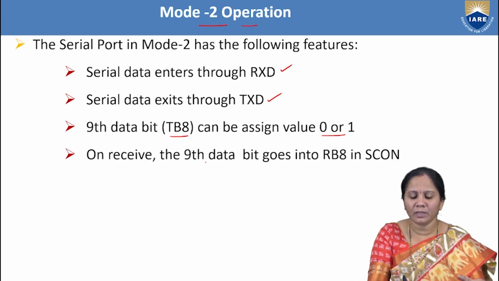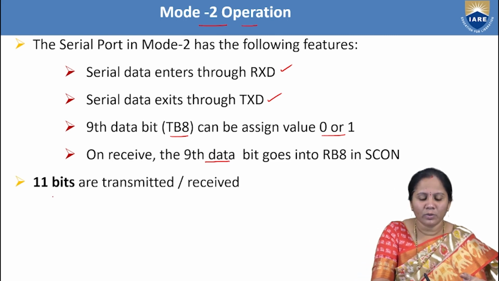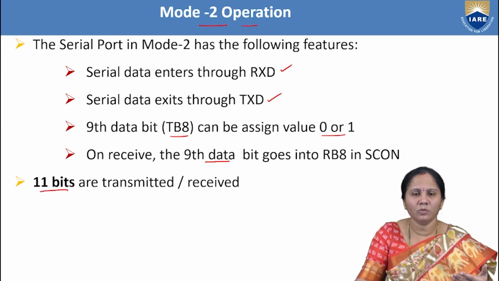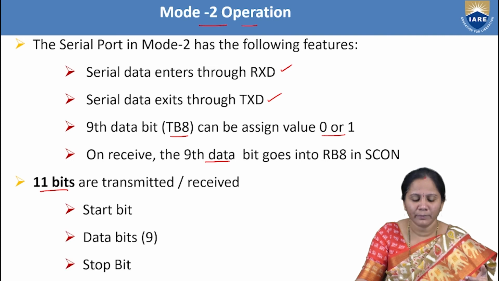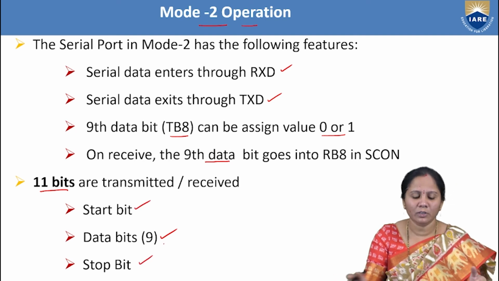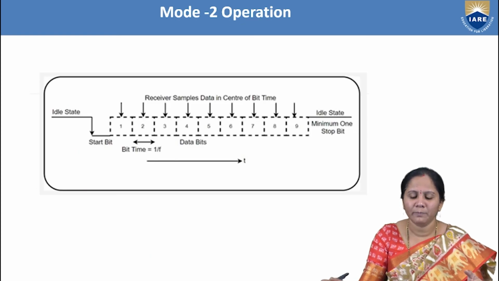Upon receiving, the 9th data bit goes into RB8 in the SCON register. Here, totally 11 bits will be transmitted and received. We will see how the 11 bits are classified. 9 bits are related to the data, that is the character. To these 9 bits, we add one start bit and one stop bit, so that the total length is 11 bits that will be received and transmitted.